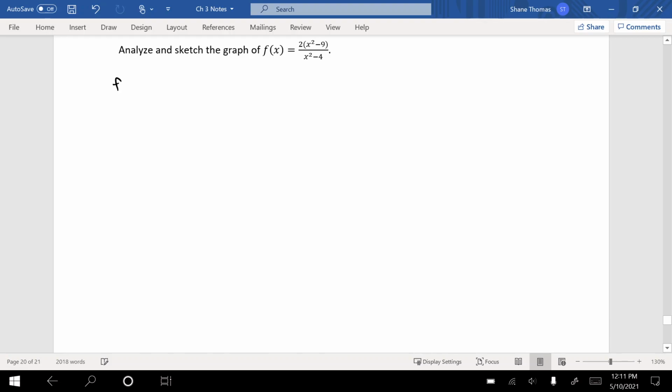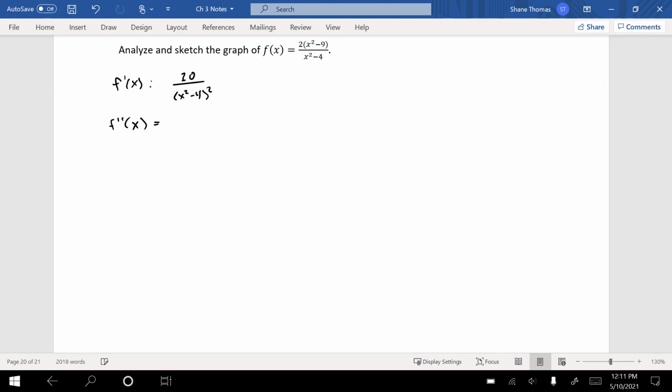So f prime of x, my first derivative, it's going to end up being 20x over x squared minus 4 quantity squared. Okay, that's what you get after you would do u substitution and so on and so forth, and then simplify. And then if I differentiate that, I'm going to get f double prime.